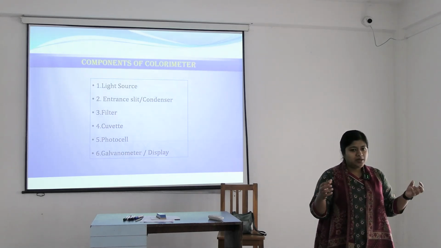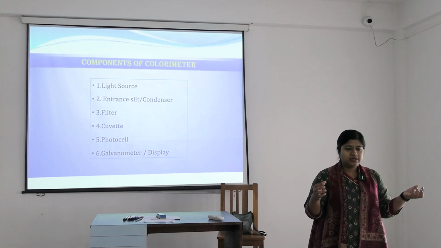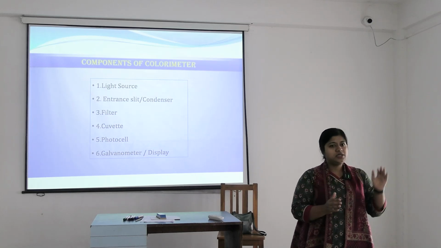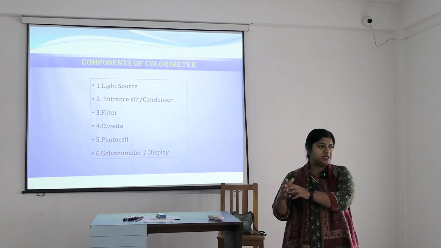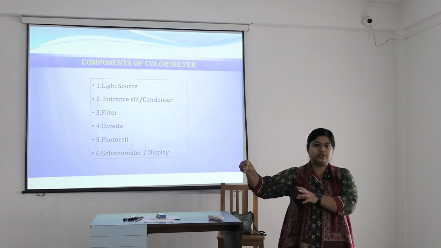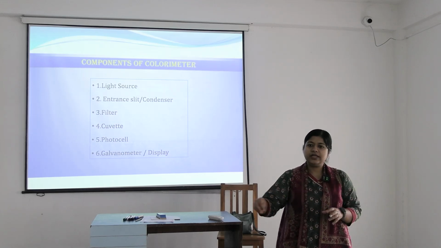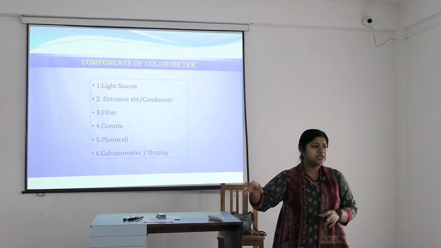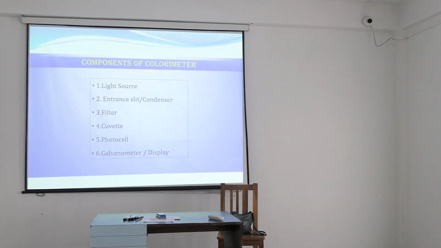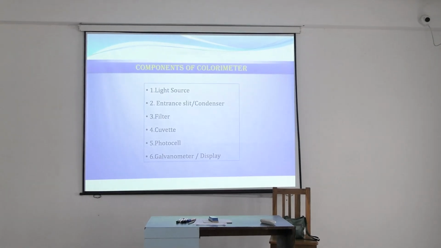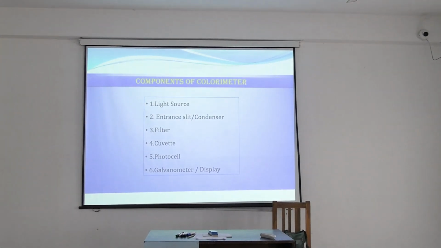We use a bulb as the source of light, a solution to pass through, then a photocell to capture the emitted lights, and then a display or a galvanometer, ammeter, whatever, a display for the measurement. So here in the colorimeter these parts are in sequence.